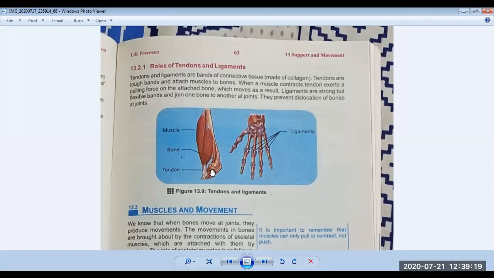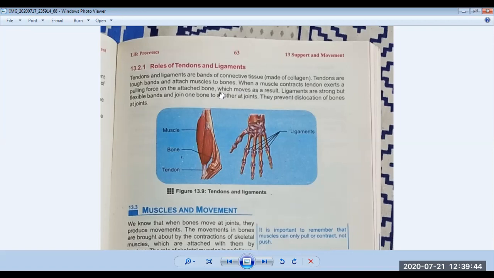Our biceps muscle contracts and the tendon produces a pulling force on the bone. So a tendon is a tough, hard band which connects muscle to bone, and it moves the bone as a result.